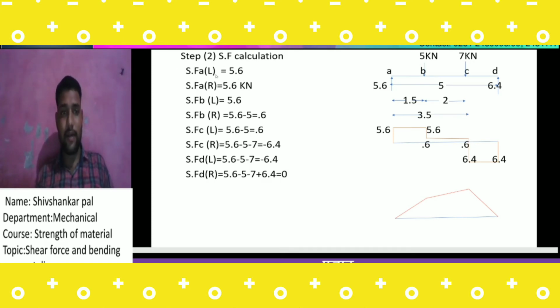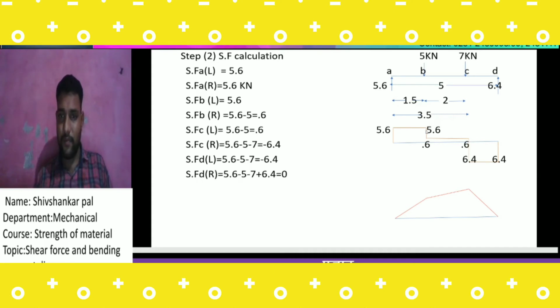So this diagram is drawn like this. Suppose I start from point A. You know the shear force at point A is equal to 5.6, and this 5.6 continues. I go here and here and here, the same 5.6 loading continues. At point B, the shear force has one value, 5.6, just left.